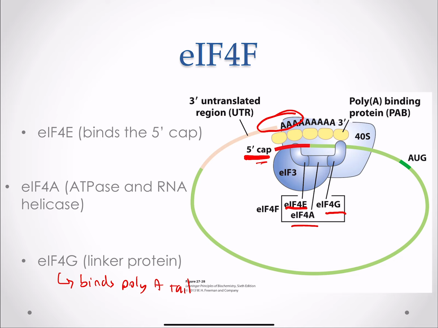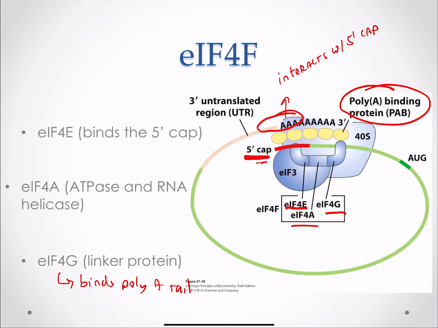And the polyadenylation, the poly A tail interacts with the 5' cap. And you also are going to have the poly A binding proteins, and that's what helps to facilitate that binding to the 5' cap.